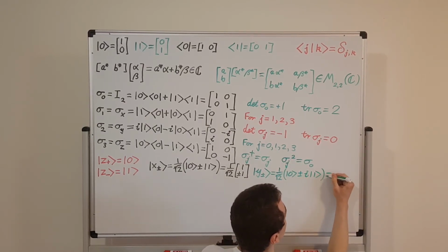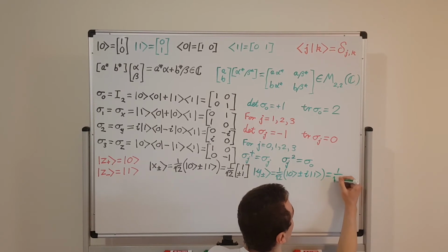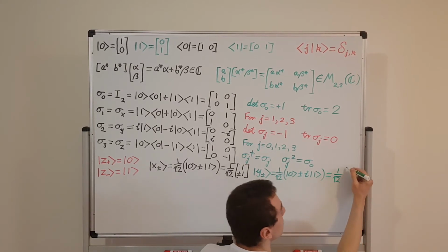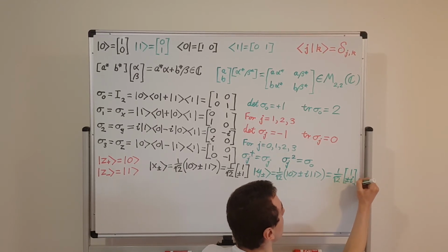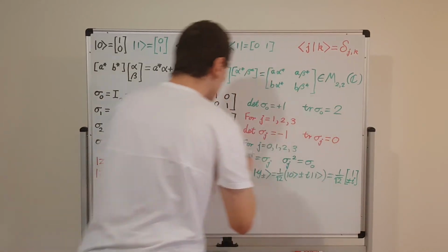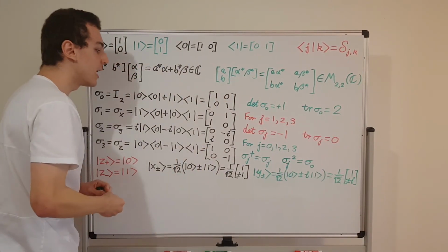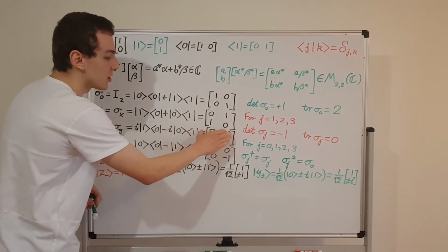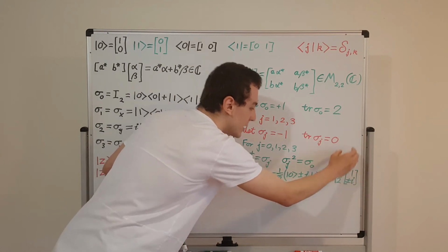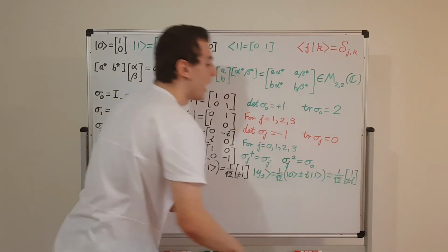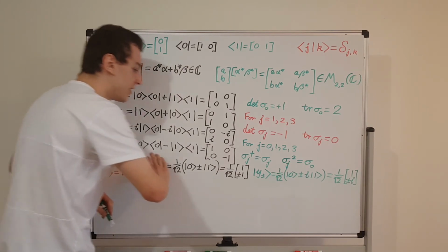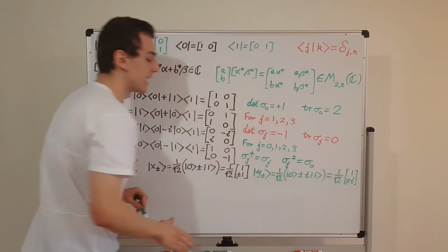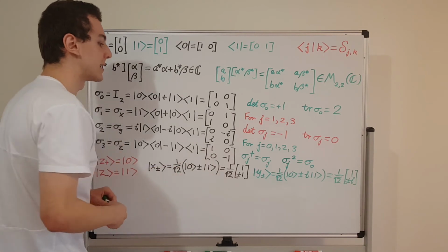And we can write this as a column vector with a normalization coefficient 1 over the square root of 2, and then 1, plus or minus i. You can test this out, use standard matrix multiplication, try and apply the Pauli y operator to these two column vectors, and you will get eigenvalues of +1 and -1. So these are the alternative eigenbases, and it's very useful to use them.